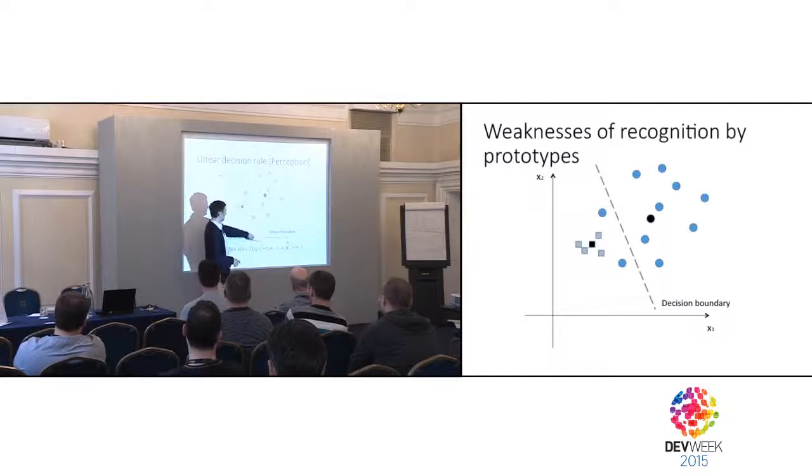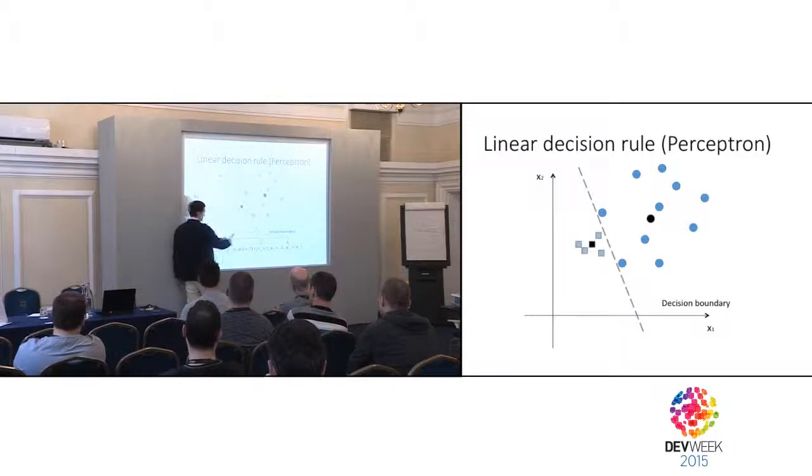The line in feature space, in two-dimensional feature space, can be written with this equation. That's a linear equation. That is, one coordinate is multiplied by one coefficient plus the other coordinate is multiplied by another coefficient. So in 2 dimensions, that would be x1 multiplied by w1 plus x2 multiplied by w2.